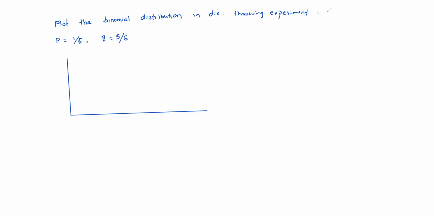Let us assume the die is thrown 4 times, suppose. Four times. So getting 1 is success. Assume getting 1 is success. So 1, 2, 3, 4, 5, 6 faces will be there.